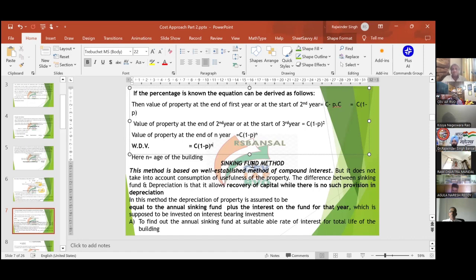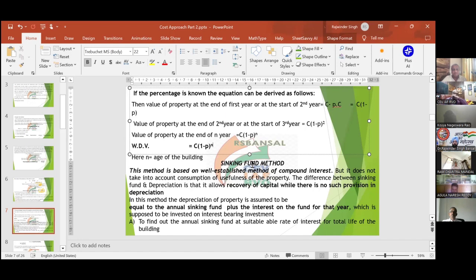So what will sinking fund do? The owner will deposit a certain amount in the bank so that he is able to get an amount of 50 lakh at the end of 20 years.